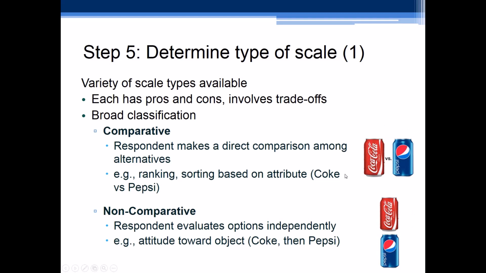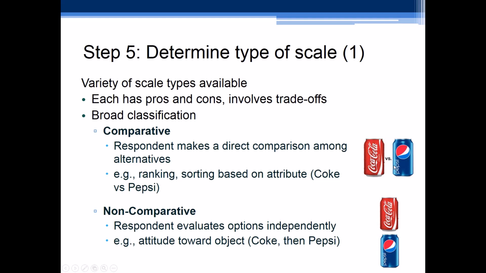Depending on the topic you're looking at, the choice of scale can very much impact the results you get. I included this example of Coke versus Pepsi because it provides a nice illustration of that. When we ask people to make a general relative judgment of Coke versus Pepsi, by and large most people indicate that they prefer Coke.